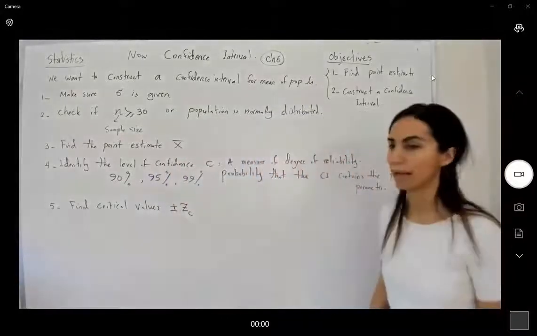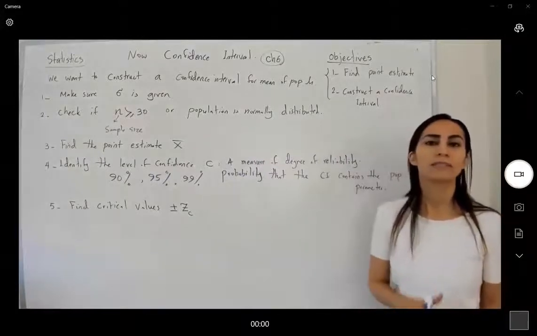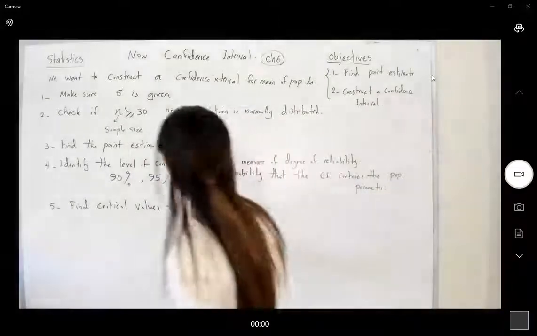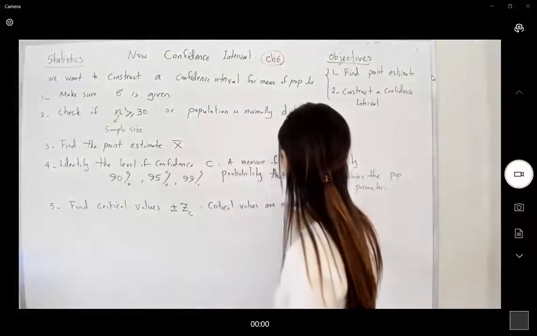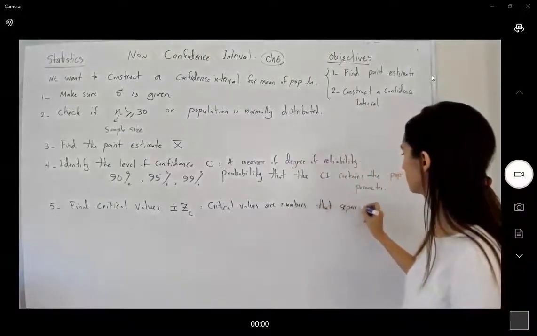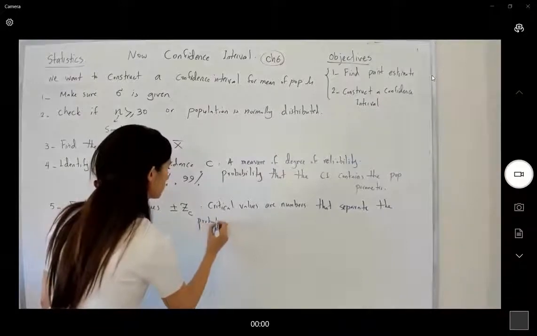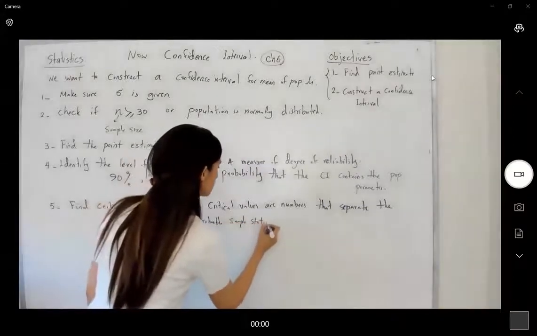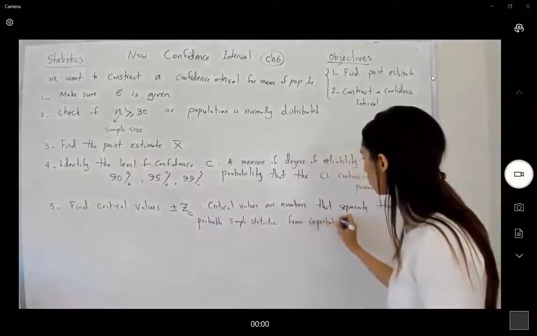Critical values are actually values or numbers that separate the probable sample statistics from unusual or improbable ones.